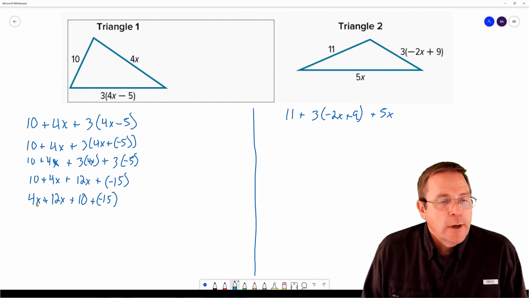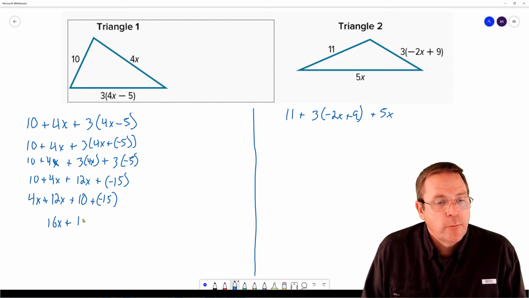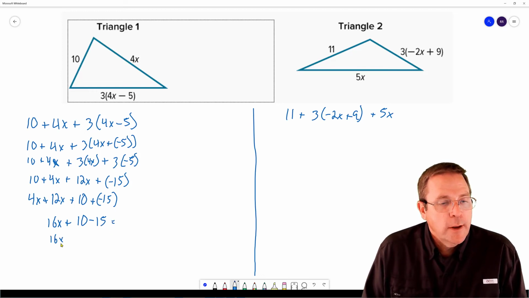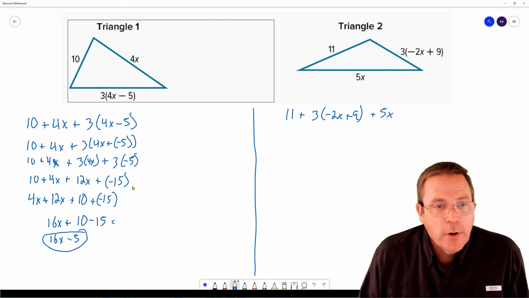These two I'm going to go ahead and combine. 4 plus 12 is going to give me 16x, and 10 minus 15 gives me a final answer of 16x minus 5. Now that is going to be the first part of that problem.